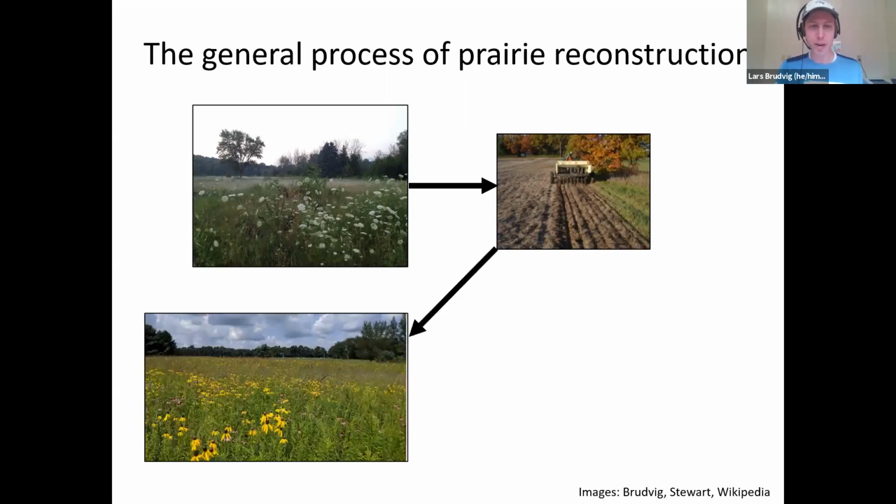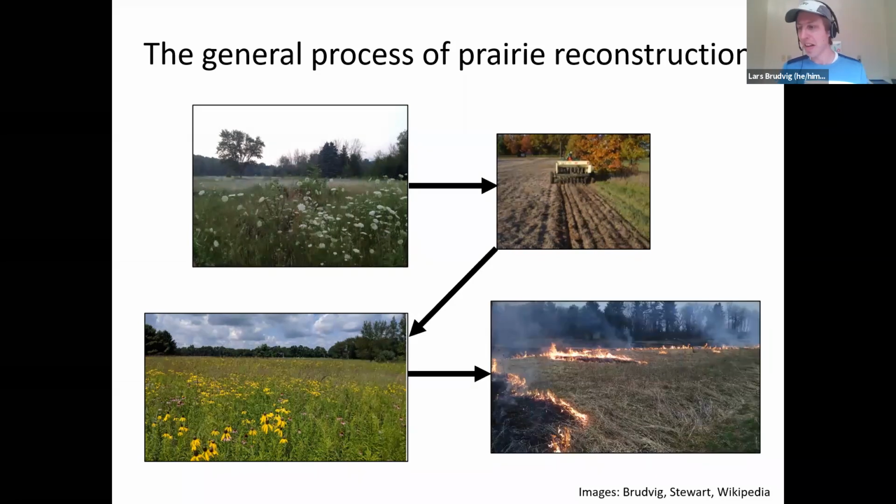Over time, these prairie plants that are seeded establish and hopefully come to dominate this community. And at that point, we can reintroduce other important aspects of the system, including faunal components and key disturbances like prescribed fire. So again, this is a dramatic oversimplification of this process, but just to remind us of how we go about this process of prairie reconstruction.